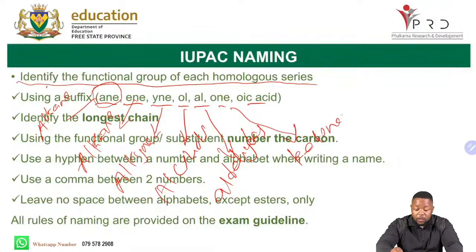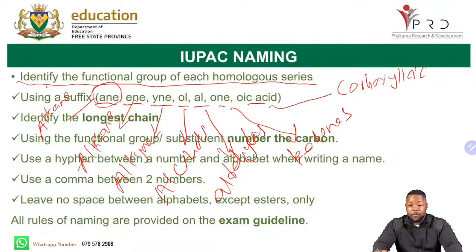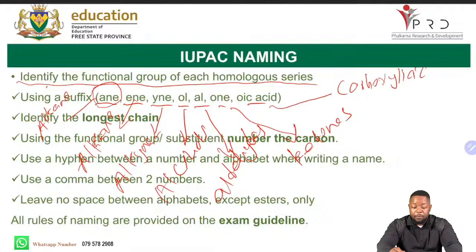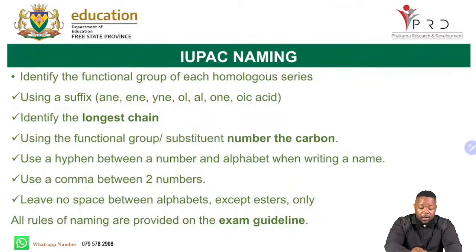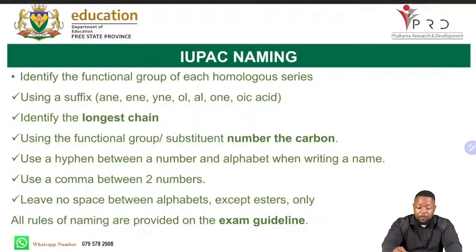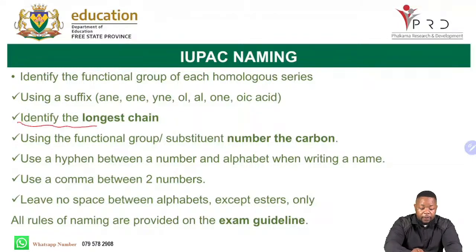The ketones, they have a name ending ONE. And then the noic acid, that would be the carboxylic acid. So it is very, very important for us to remember all these name endings as we are going to learn how to name or revise how to name the organic molecules.